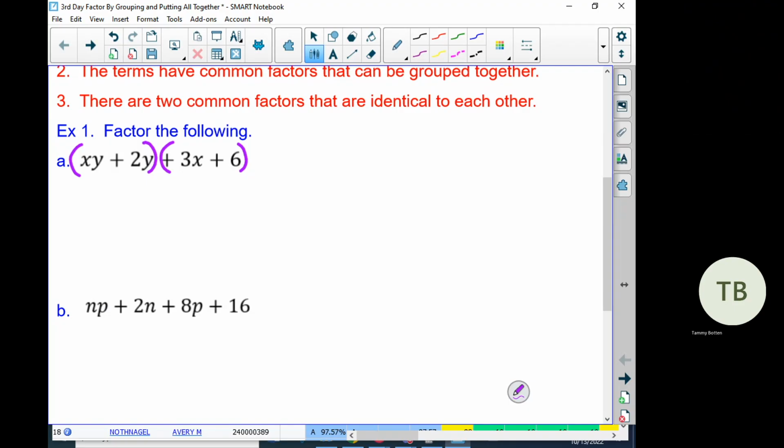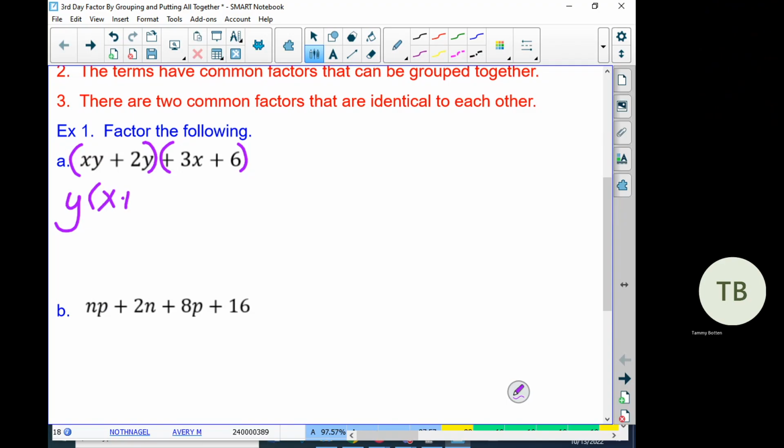Then, once you do that, you look at the first group and you look at what can I take out of both of these? Like, what's the greatest common factor in both? What goes into both of these? A y, right? There's a y in both of them. So I take that y out and I look at y times what gives me xy, that's x.